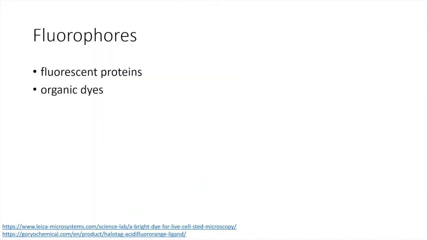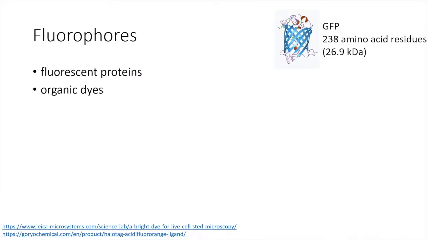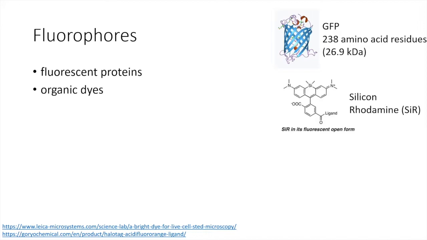So just briefly go through the fluorophores I will mention today. The first is fluorescent protein, and the second is organic dyes. Fluorescent protein is around 27 kilodalton, and organic dyes, for example silicon rhodamine, which I will mention a lot today, have this structure. So it's much smaller than fluorescent protein.